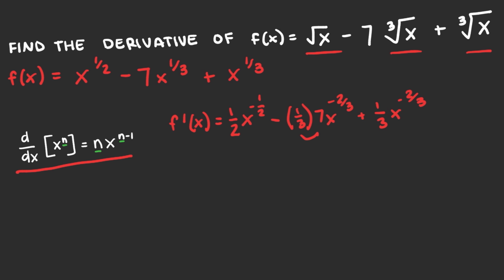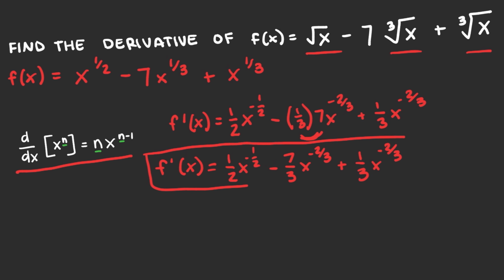So if we simplify this a bit more, our final answer would be f prime of x equals 1/2 x to the power of negative 1/2 minus 7/3 x to the power of negative 2/3 plus 1/3 x to the power of negative 2/3.